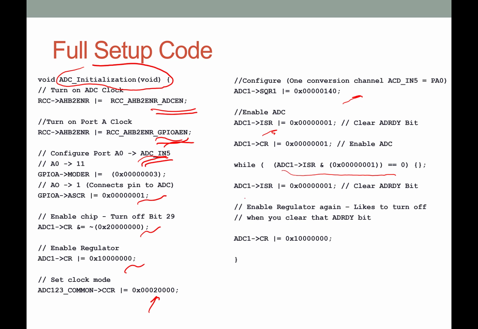And then here you see again, we're clearing the AD ready bit again. And it says, hey, we're just enabling the regulator lights to turn off when you clear that AD ready bit. So that's just silliness that's coming over here.